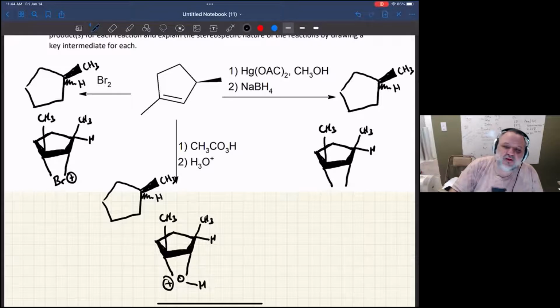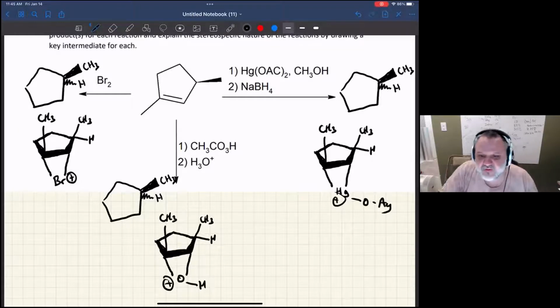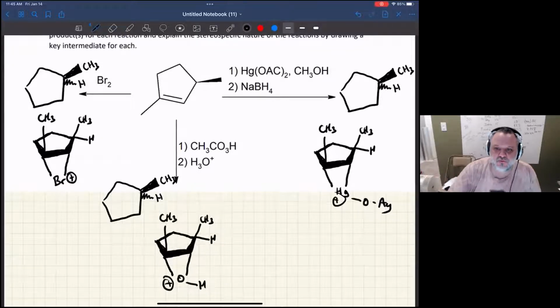And for oxymercuration, demercuration, we're going to form this other interesting cation, this mercury-based cation. So they're all ring structures. They're all three-membered rings. And the point of this question is to show you, the reader, that in each of these situations, there's going to be a stereoselective outcome.